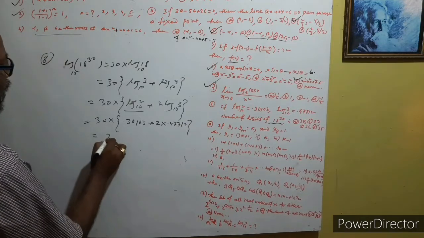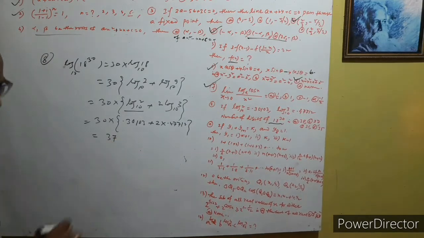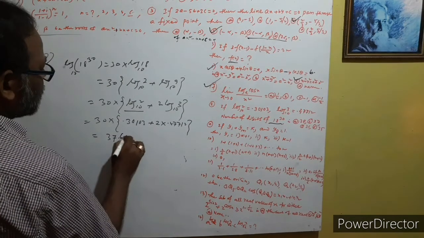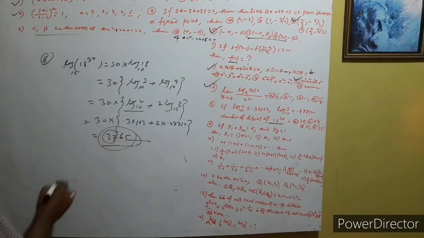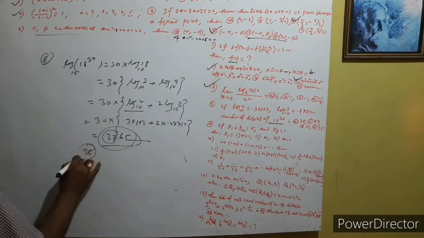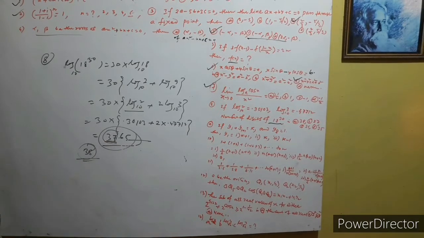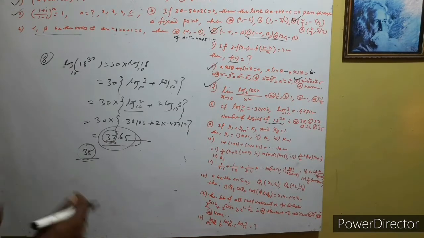If we multiply, then we get 37.65 something. So the number of digits is 38. The integer part is 37, so we add one, and the number of digits of that figure is 38.